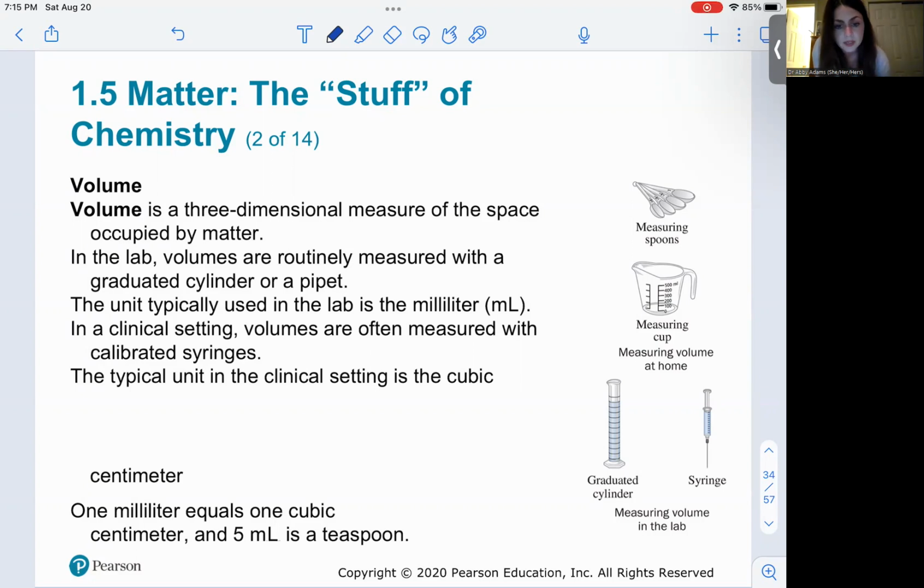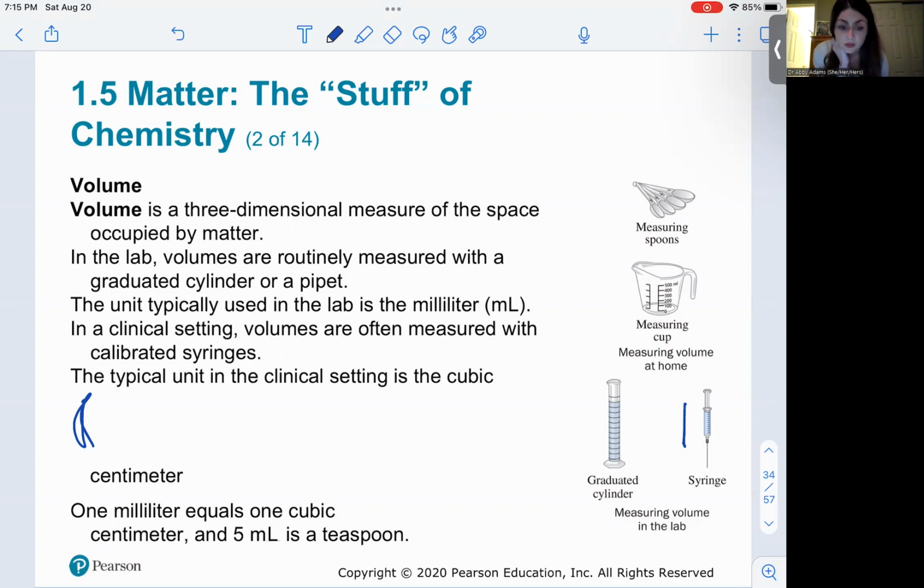In a clinical setting, you use calibrated syringes. So a lot of times in allied health, you'll be using a syringe with the little markings like you see here. In a clinical setting, I'm not sure why this slide is spaced out this way, but you're typically going to use the cubic centimeter.